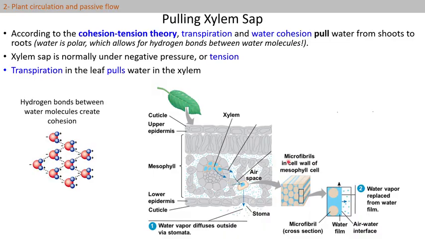So in structures like microfibrils that are within the leaf, some water is lost by evaporation. And that means the water film here, the interface between water and air, is essentially decreasing.